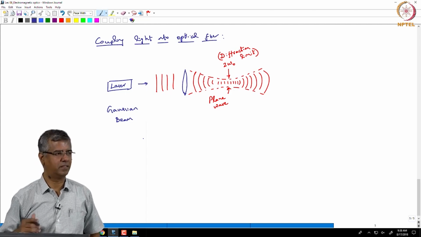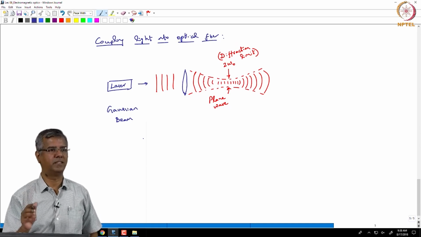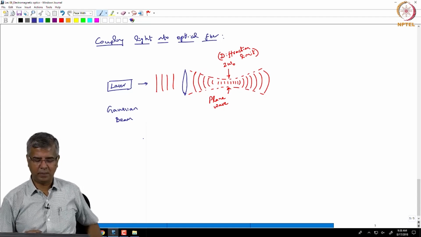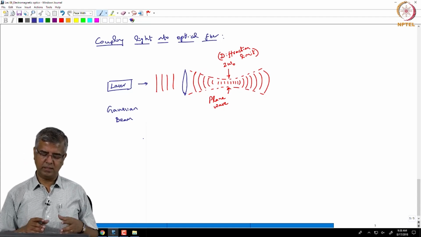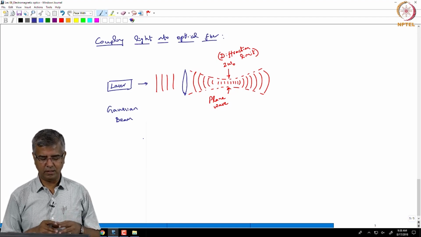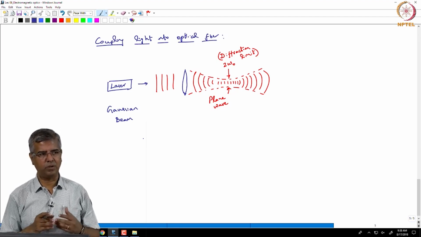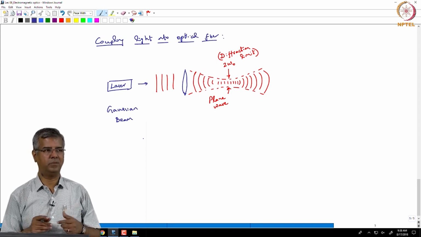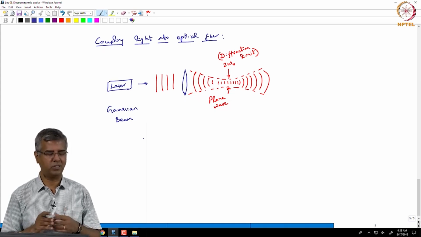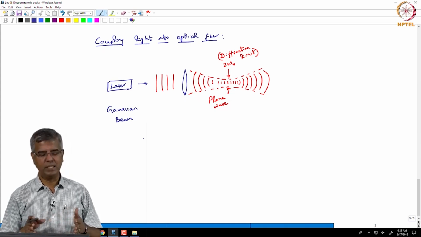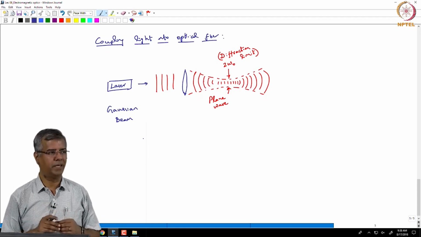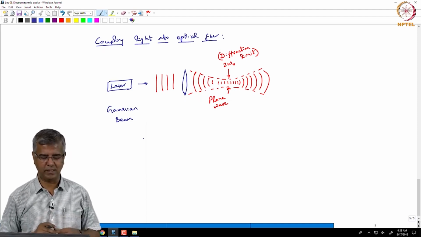That's a Gaussian shape, so you know that the center is going to have maximum intensity and it's going to fall off. It's interesting that the light beams that you get from a good laser, which is operating at what is called a fundamental mode, this Gaussian mode is actually, we will see later on, a fundamental mode for this waveguide itself.